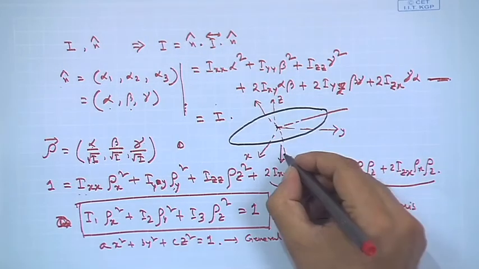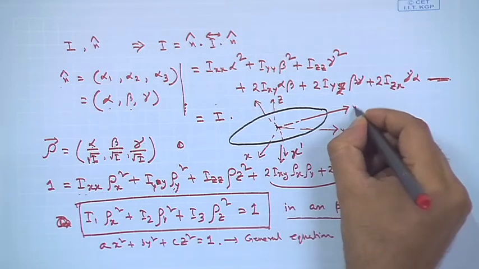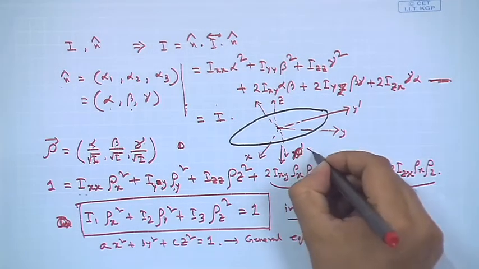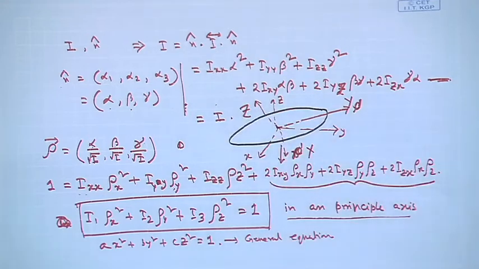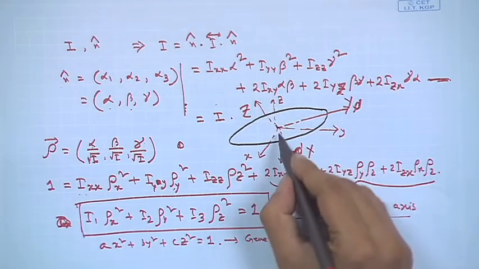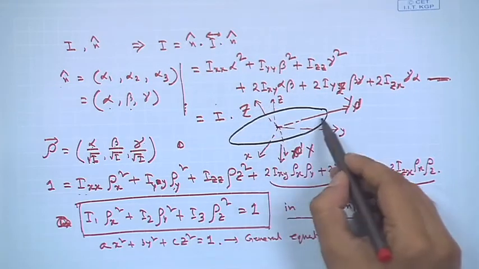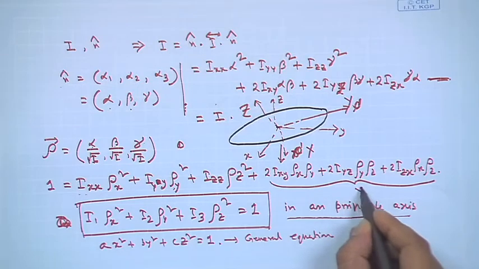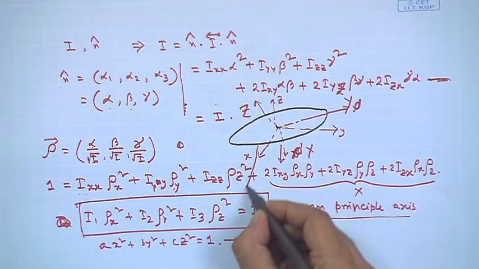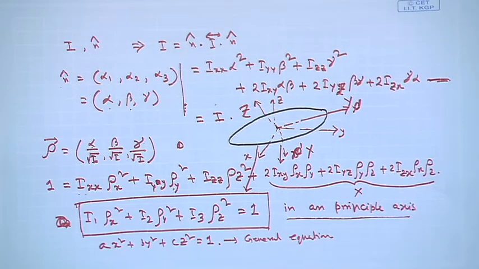Let us call it the capital X, capital Y and capital Z axis system. Because the axis system now follows the symmetry of this ellipsoid surface, all the cross terms become 0 and the equation reduces to this. So, this is called the ellipsoid of inertia.